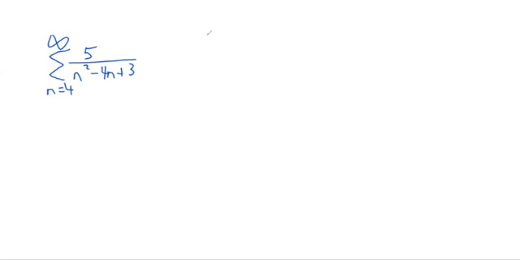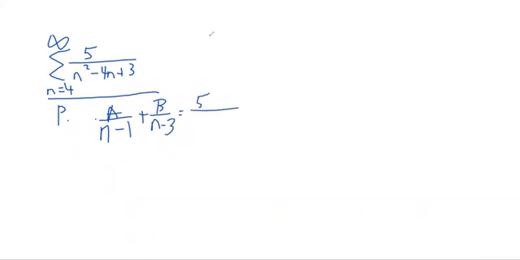So in order to get the partial sum, and I'm just going to worry about this situation, that is equal to 5 over n squared minus 4n plus 3.